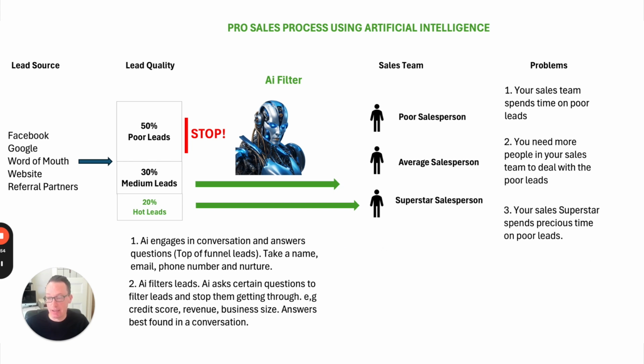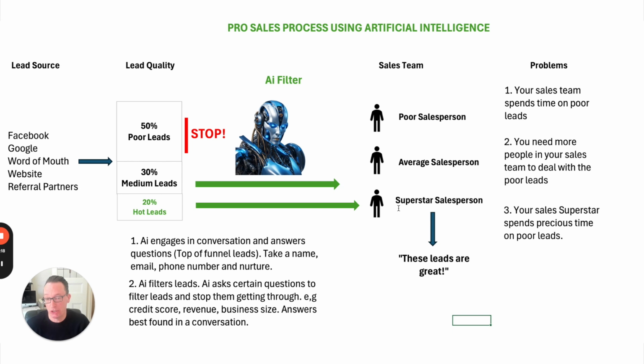Firstly, what you'll find is that your superstar sales team, who are now only getting medium and hot leads because of this AI filter, are not speaking to these poor leads. They say, wow, the lead quality is really good. These leads are great.